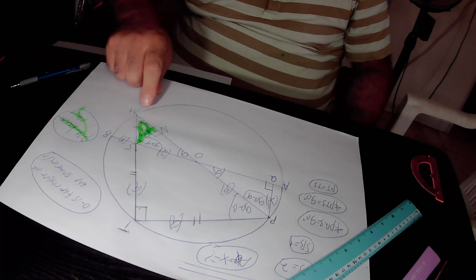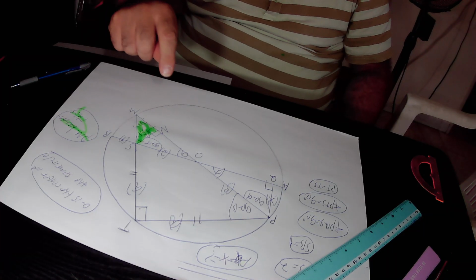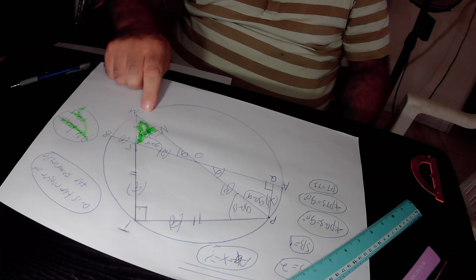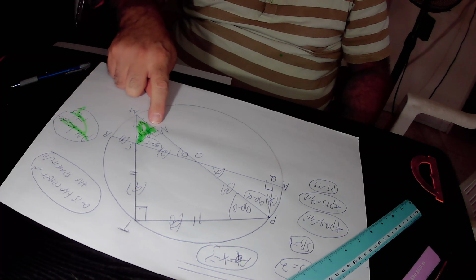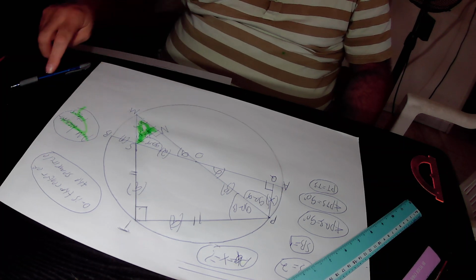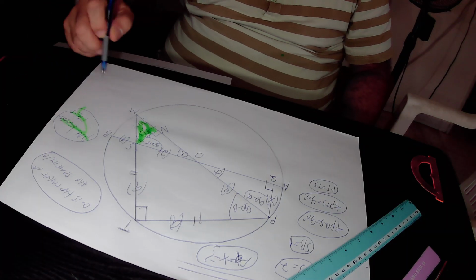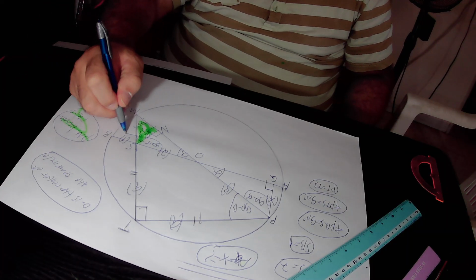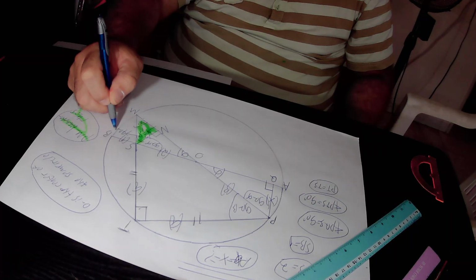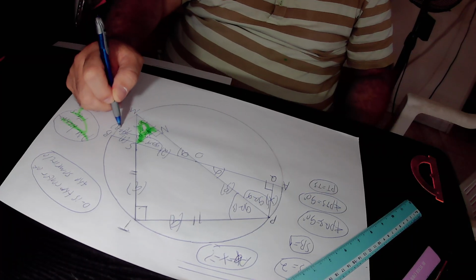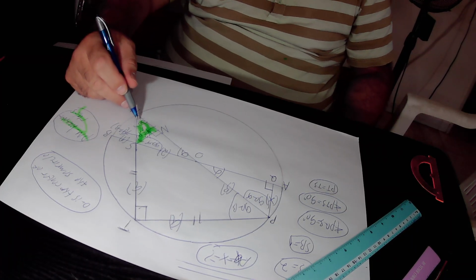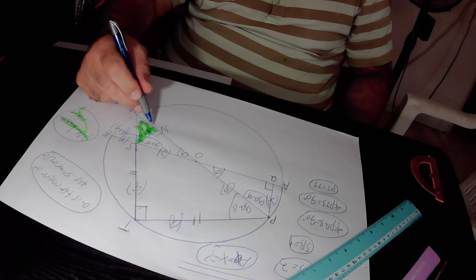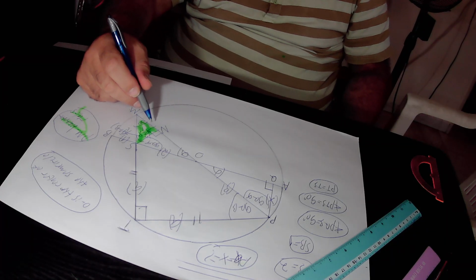So if we focus on the green small triangle NSM, this angle equals beta. This angle equals 90 degrees, and therefore this third missing angle must be equal to 90 degrees minus beta. Why? Because 90 degrees minus beta plus beta is 90 degrees, and 90 degrees plus 90 degrees is equal to 180 degrees. That is the sum of the angles in any triangle.